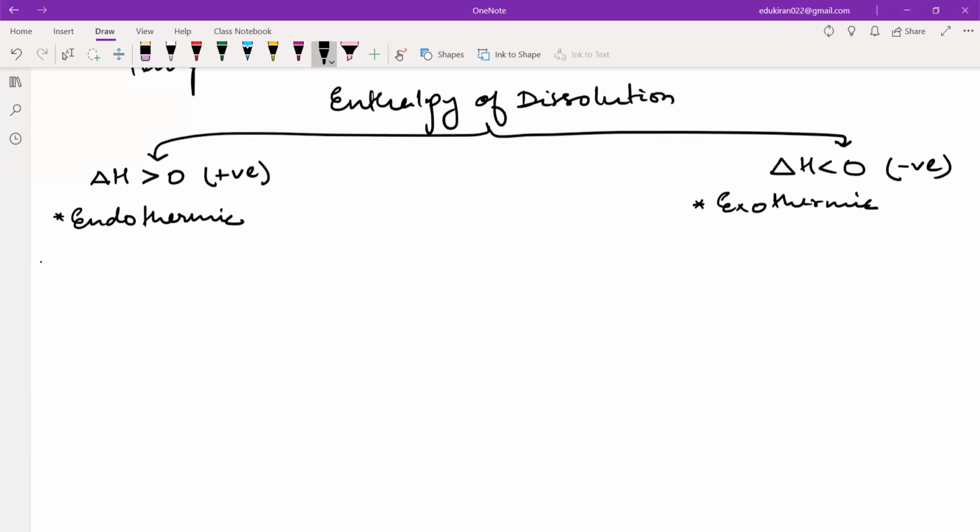Now, in the endothermic case, what happens? Increase in temperature leads to increase in solubility.